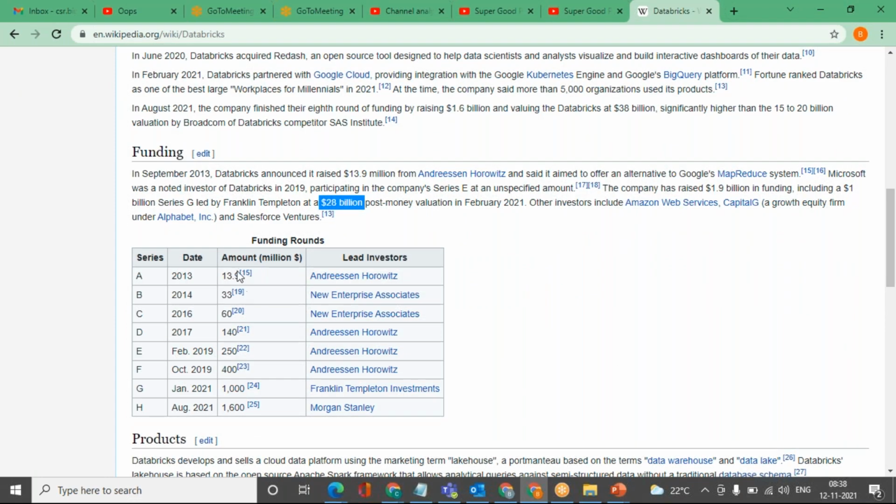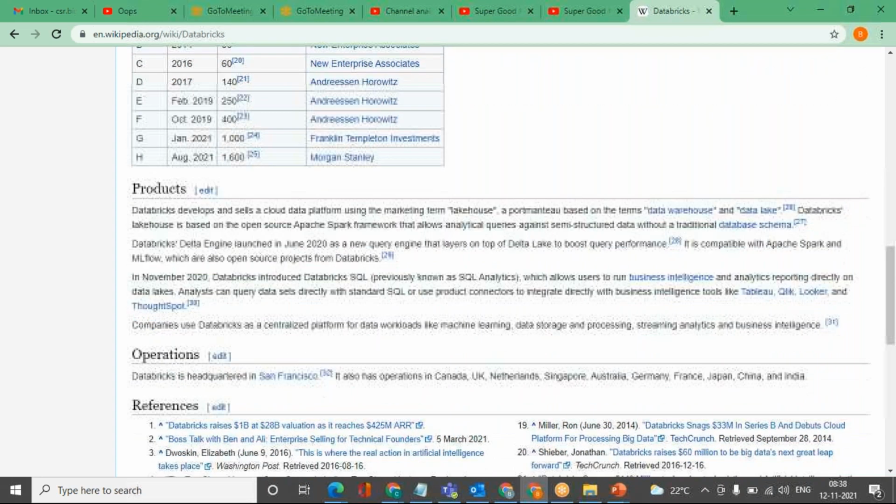Here they have given clearly. So look at this one. 13 this much, 14 this much. See, every year it is getting double, right? As I told you. Still it is going to grow. This Databricks company has a very strong tie-up with Microsoft now, with Amazon, with IBM, with Google also.